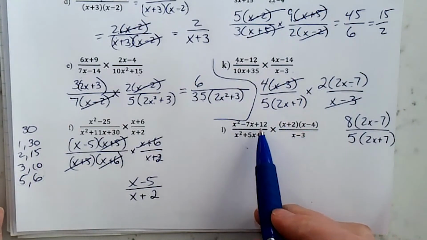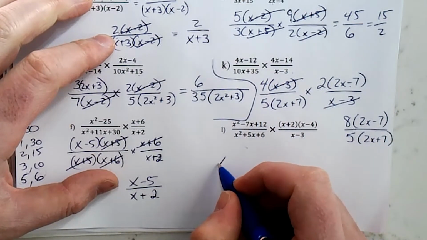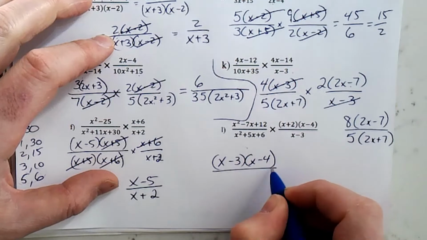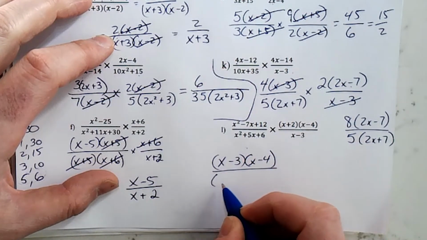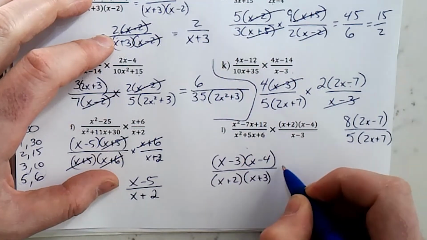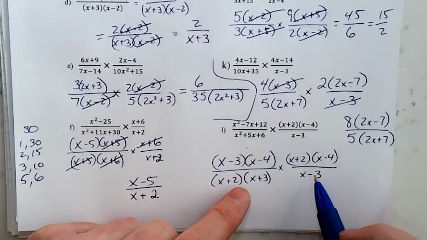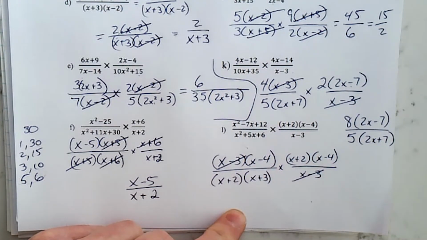Going over to this one, two trinomials, they don't match, so I'm going to factor them. 1 and 6, 2 and 3, 2 and 3 work. So everything's factored. Now look for matches. X minus 3 cancels.